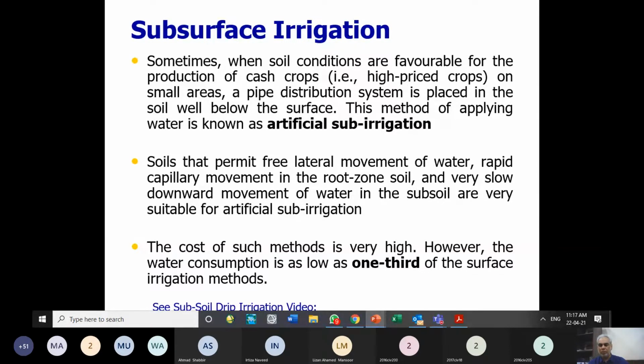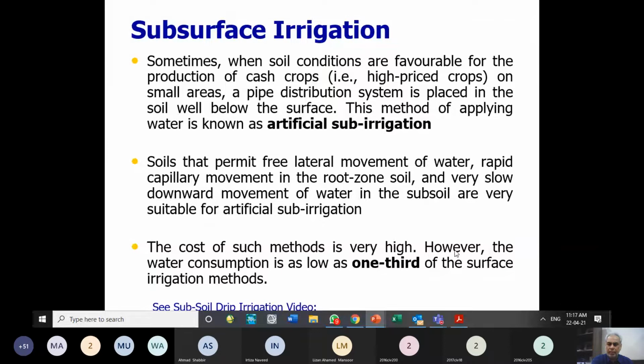These pipes are supplied with water, which percolates out from the openings of the pipe and soaks the surrounding soil, and through capillary action the remaining soil also gets wet, and the crop grown between the pipes can get the required quantity of water.